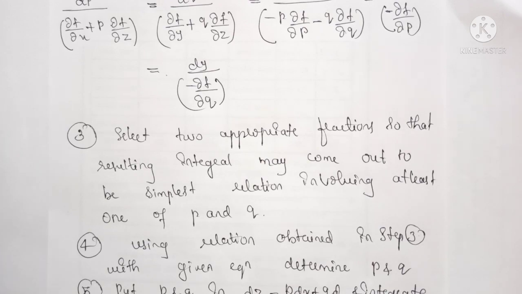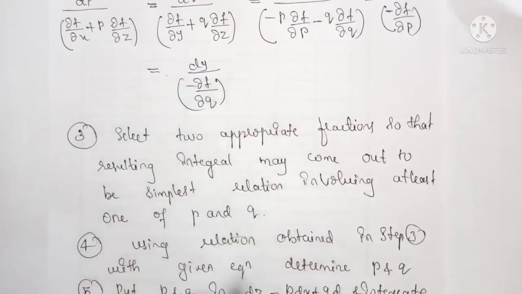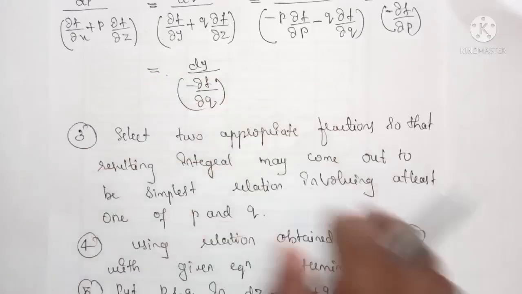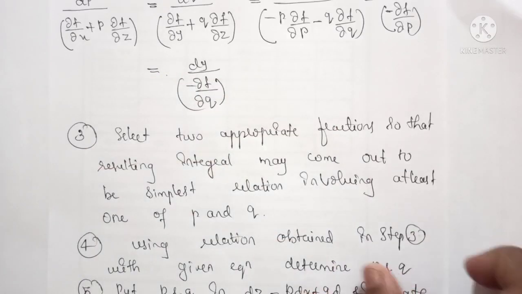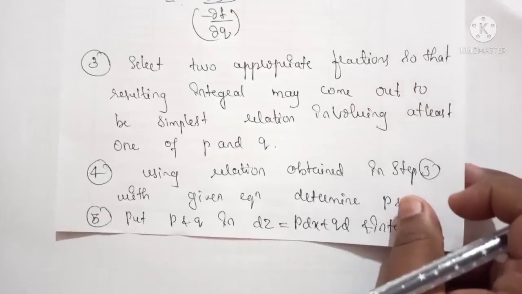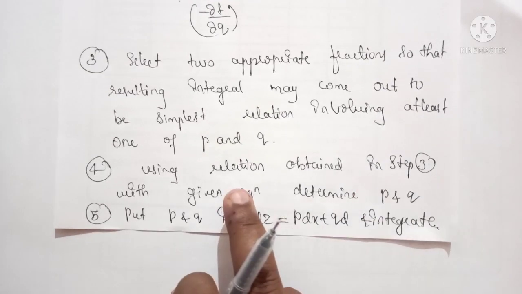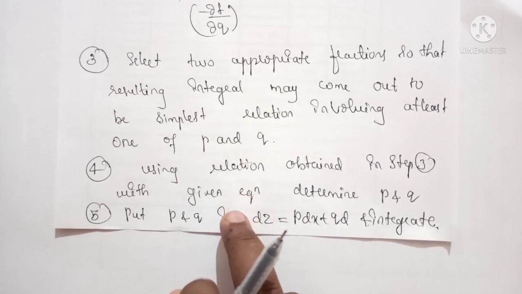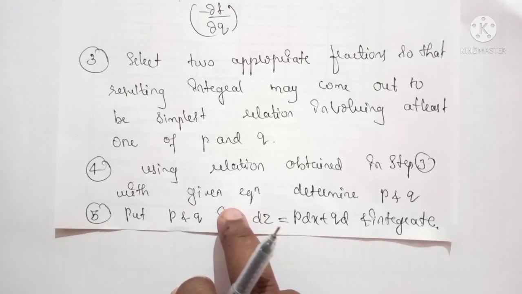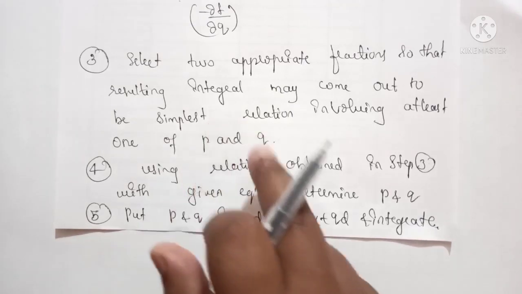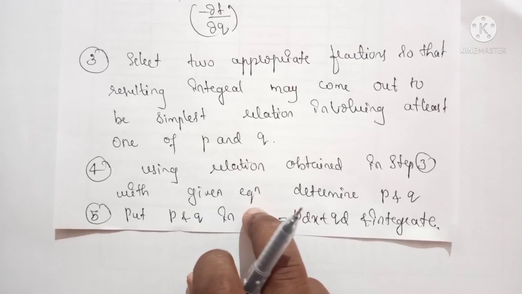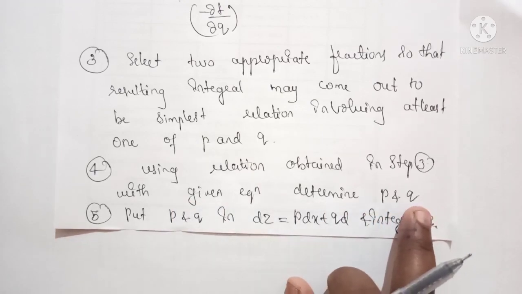You can choose any two fractions from these 5 fractions. After getting the p value or q value, we substitute that value in the given equation to get the other value. That is, if we got the p value, we substitute in the given equation, then we get the q value. So finally we have to find the p and q values.